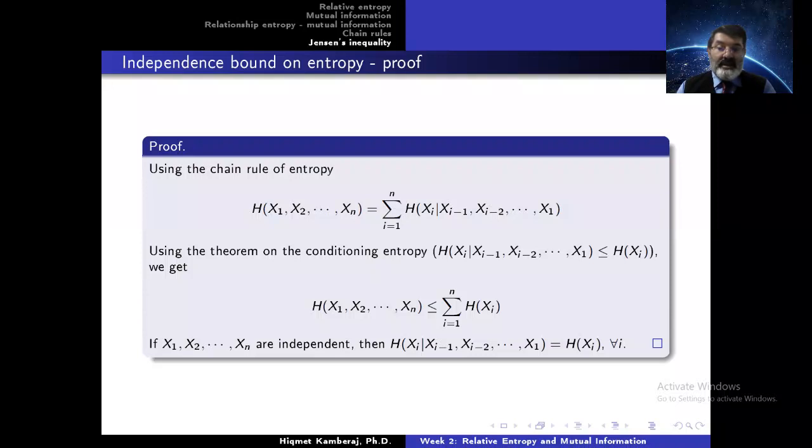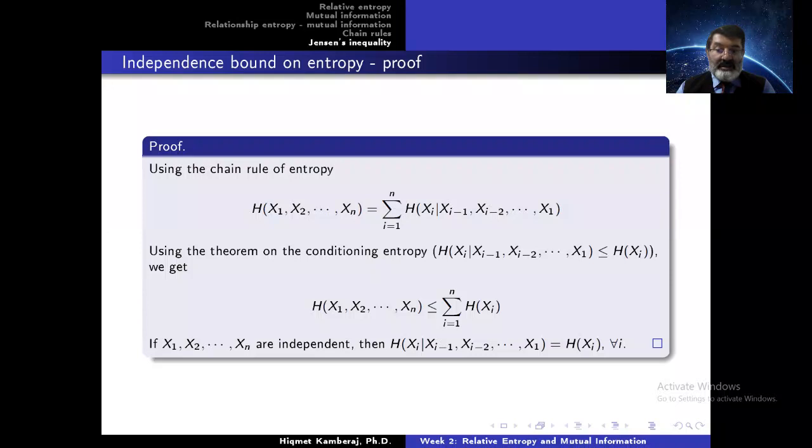Now using the theorem on the conditional entropy, that is, the conditional entropy of Xi given Xi minus 1, Xi minus 2, ..., X1 is less or equal to H of Xi, then we get that the joint entropy of X1, X2, ..., Xn is less or equal to the sum over i from 1 to n of H of Xi's.